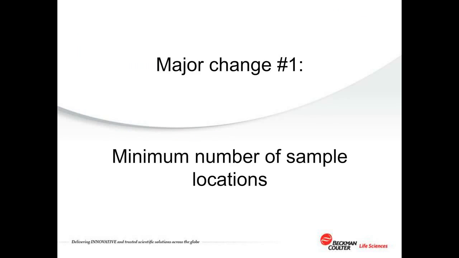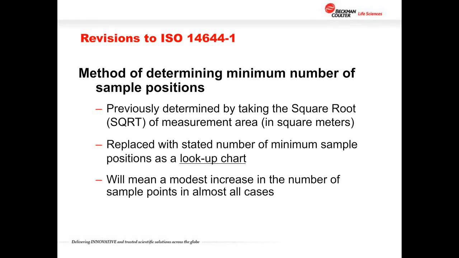So the first major change, and I think the one that's most significant to people, minimum number of locations, we've increased those in most cases so that the statistical validity of the sample set is improved. We're trying to find something that gives 95% confidence that the data set you've taken can be extended to the whole room.